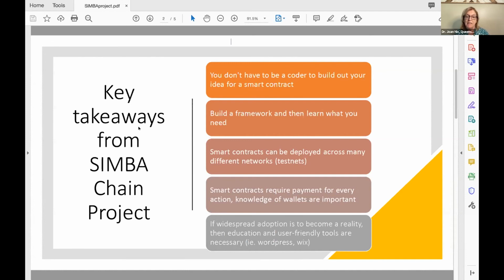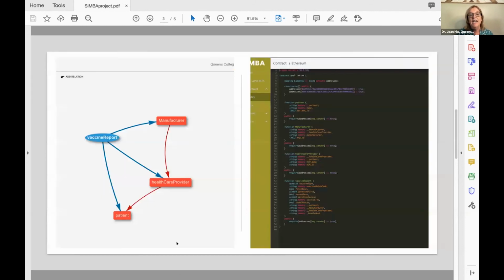SIMBA Chain was viewed as similar to WordPress and Wix in terms of creating a website without having to get too much under the hood. You can do that with WordPress and Wix, and you can also get very far in terms of designing a smart contract. Here's an example of his project.